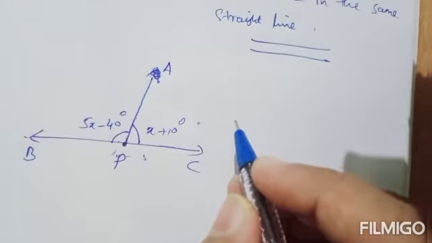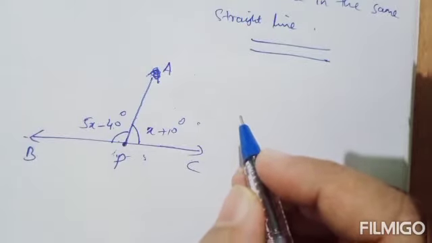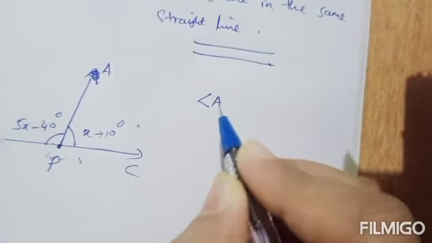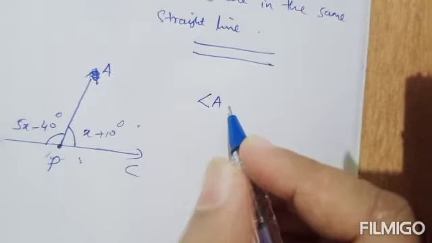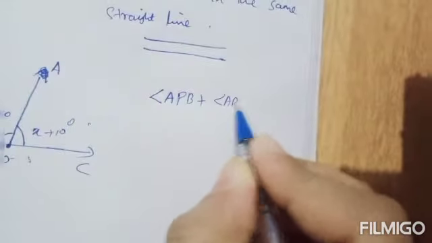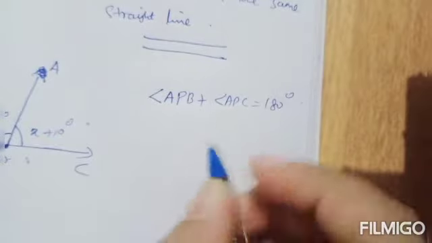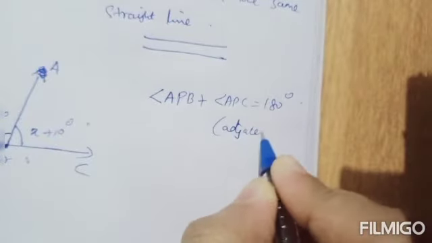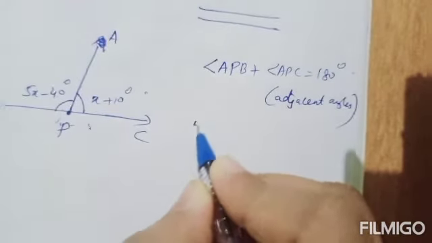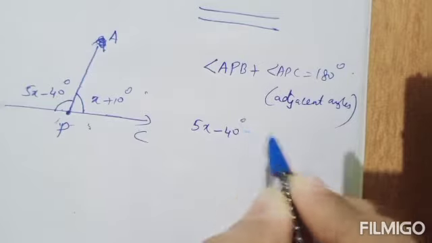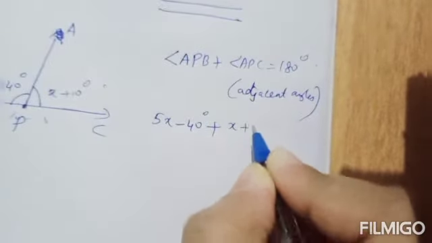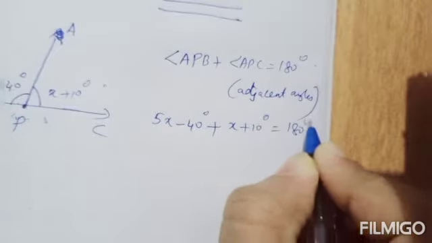Okay, so what is the property of adjacent angle? By property 1, we can say the sum of two adjacent angles is always 180 degree. Angle APB plus angle APC will be 180 degree. They are adjacent angles, you can write the reason. Angle APB is given 5x minus 40 degree plus angle APC, given x plus 10 degree, equal to 180 degree.